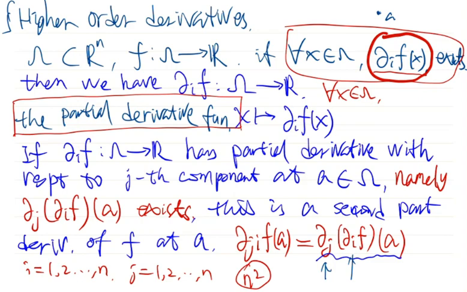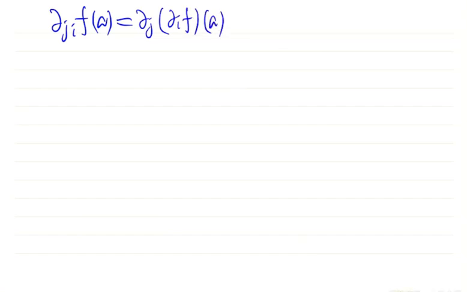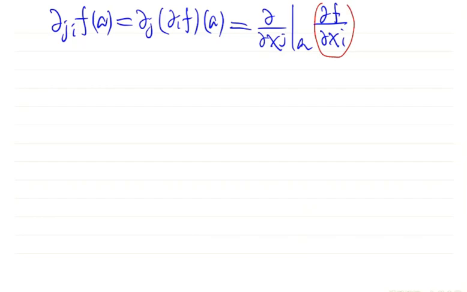For the second order partial derivative, as we just introduced this concept, we also use other notations. For example, the inner part is the partial derivative function with respect to xi.